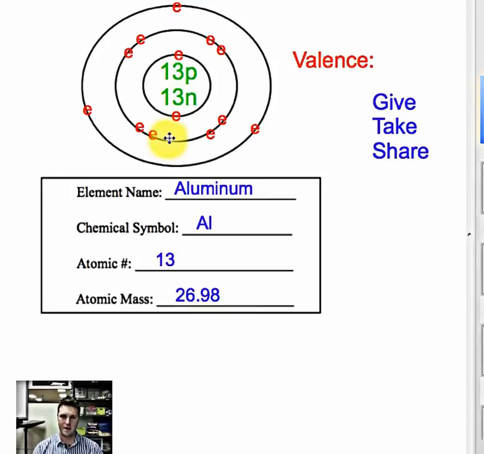It wants to have 8. So what would be easier, losing 3 or adding 5? Well, usually losing 3 would be a lot easier than adding 5. So we would assume that aluminum is going to give away 3 electrons.